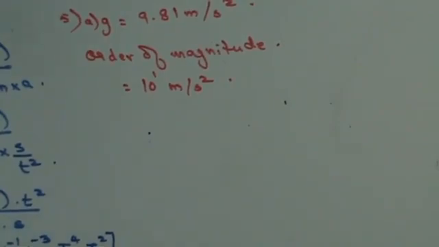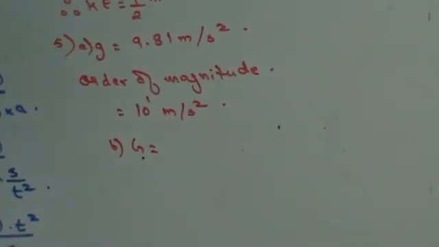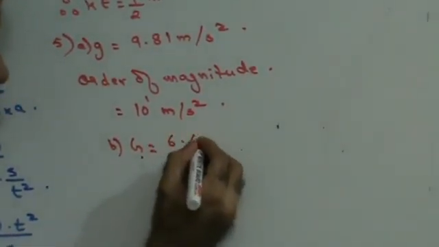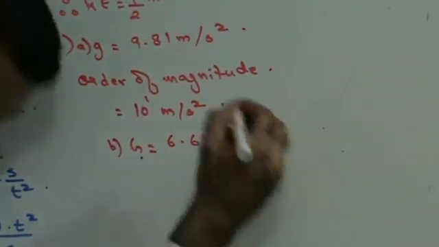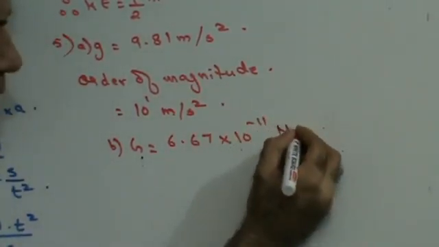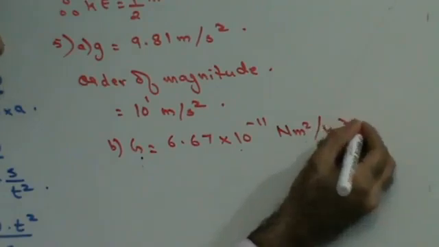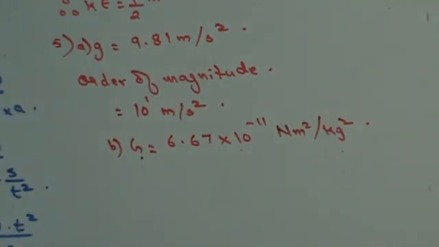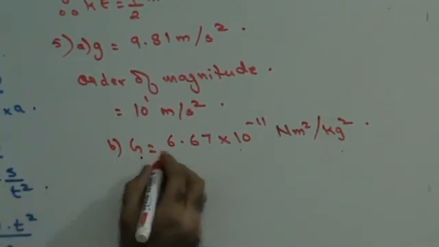Right? Let's see another term. Say if they give you capital G, 6.67 into 10 raised to minus 11 Newton meter square per kg square. Now 6.67, if I round that up, since the number is greater than 5, then its order will be 10.